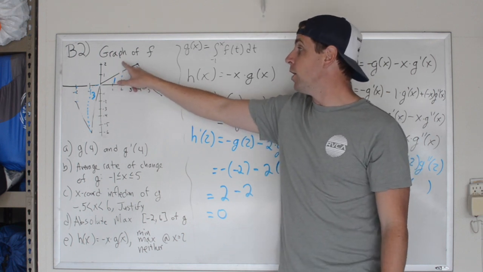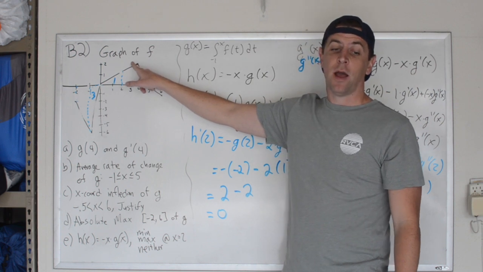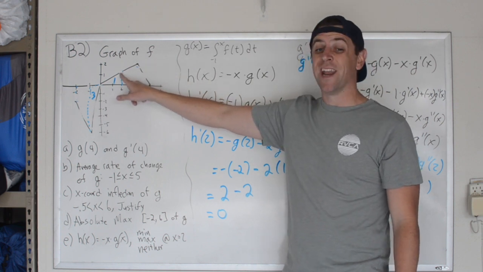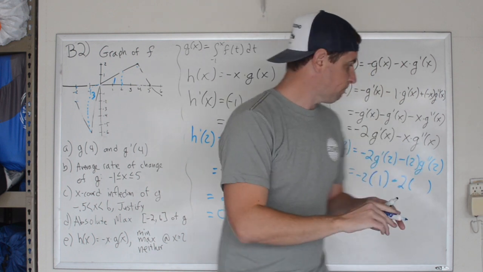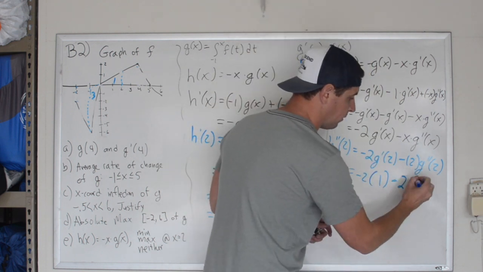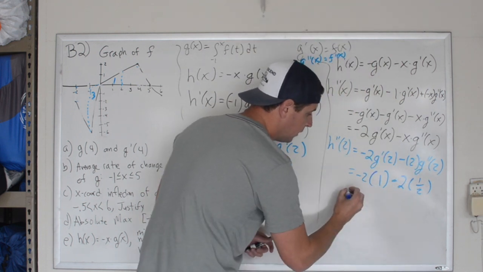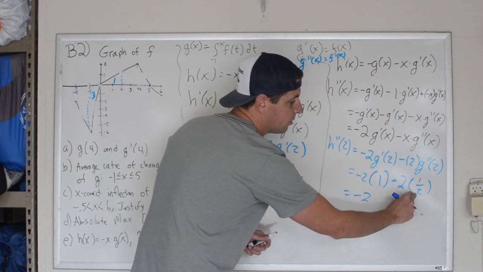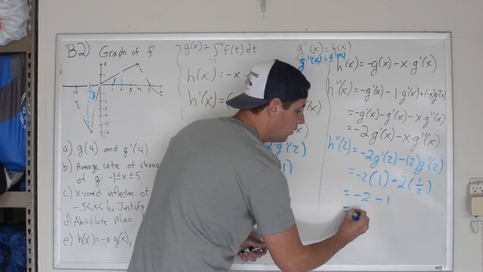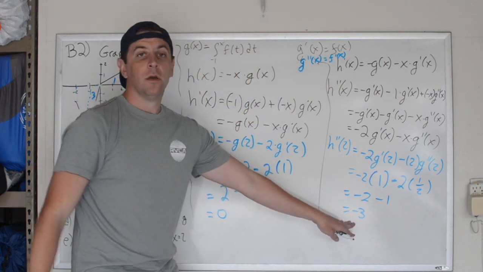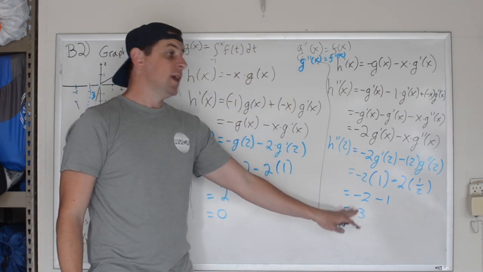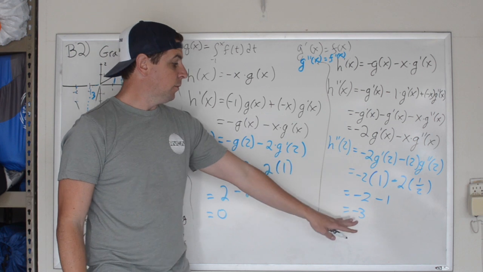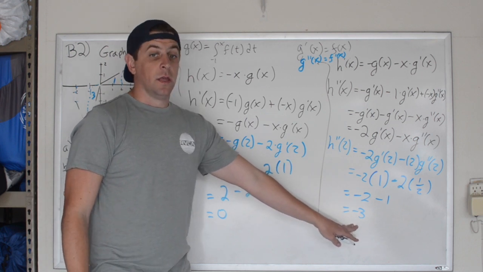So if I go up 1 and over 2, I get that my slope here would be 1/2. Okay? Which means that g double prime of 2 is 1/2. And I got negative 2 here, and then negative 2 times 1/2 is negative 1, which is negative 3. What negative 3 tells me is that h double prime of 2 is negative.